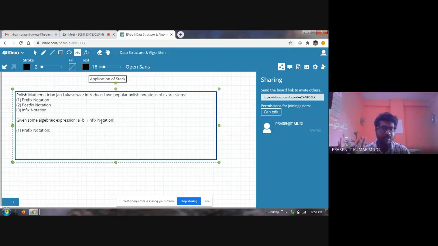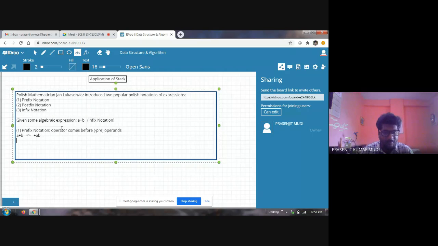We human beings use the infix notation. In prefix notation, the operator comes before the operands. So in that case, a plus b will be written as plus ab.